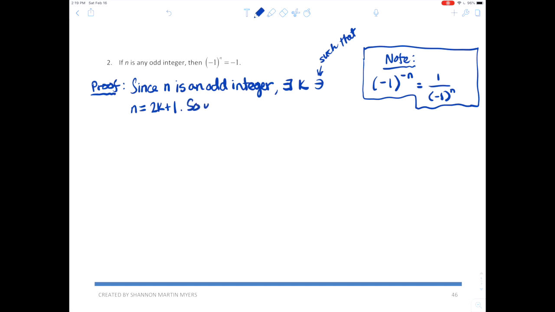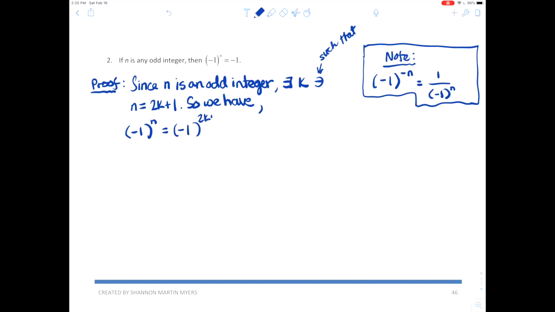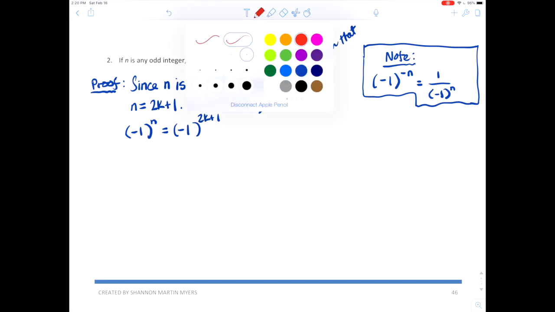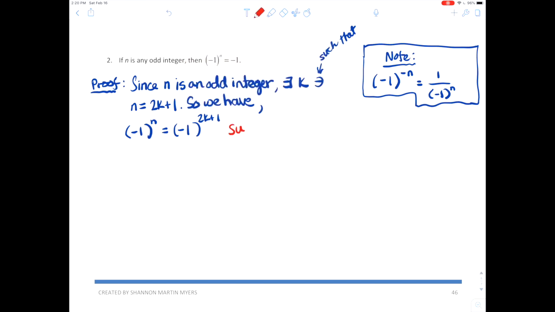So we have -1 raised to the n is equal to what? Beautiful. -1 raised to the 2k plus 1. The premise for that would be awesome. Substitution.